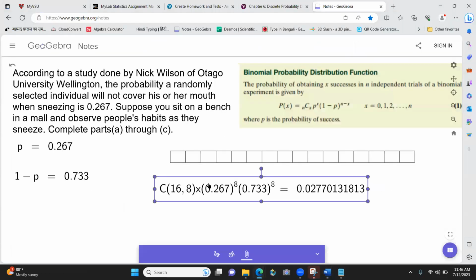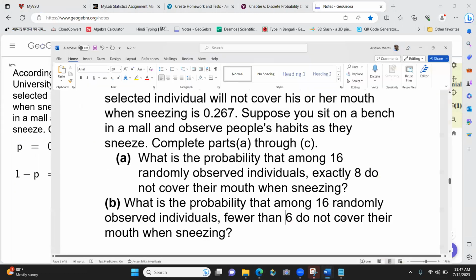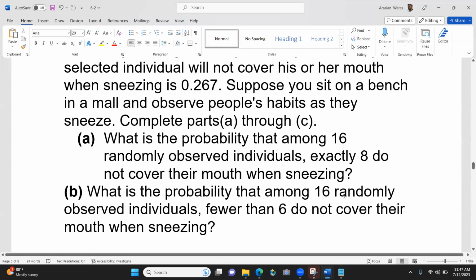So what I'm going to do, this is my probability of success. This is my probability of failure. So I'm going to first say out of 16, nobody covers. Okay, let me double check. Let me go back and read the question again. What's the probability that among the 16, fewer than 6 do not cover their mouth? I have to find that none of them cover their mouth. That's fewer than 6, 0.